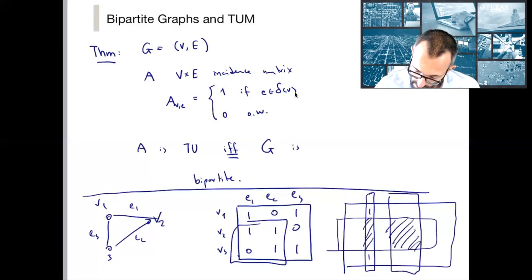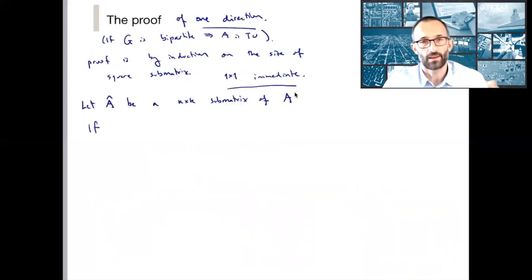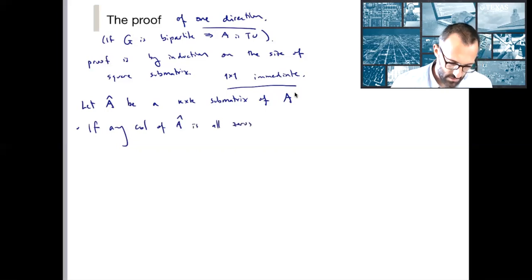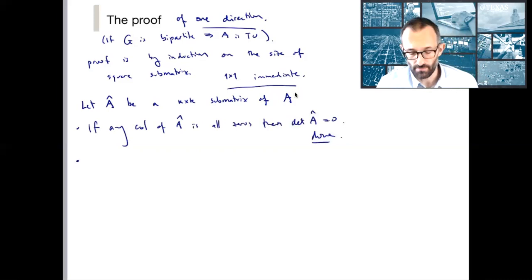Why? Because I have a column that is all zeros. If it does happen, then the conclusion holds. So this is one of the cases where we're satisfied. Case 1: if any column of A hat is all zeros, then the determinant of A hat is equal to 0, and we're done with this case.